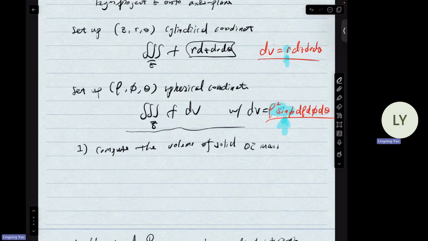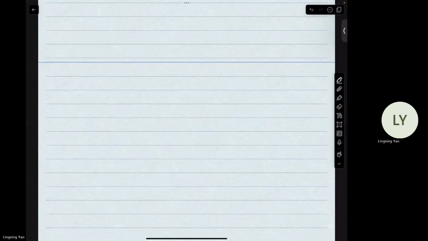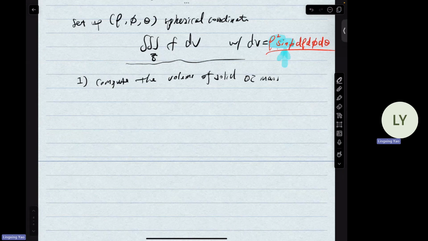Okay, so after the triple integral, we start to talk about the vector field and line integral, right?